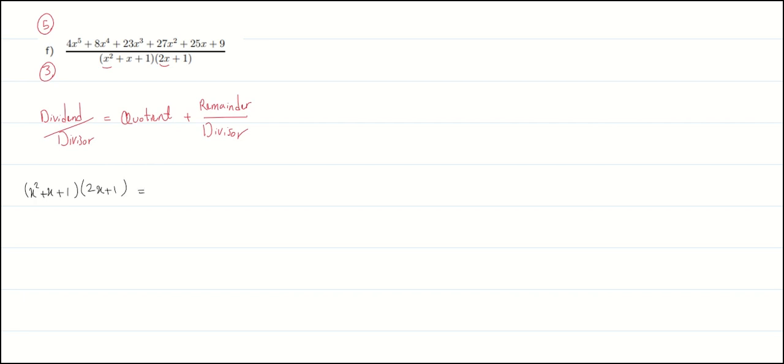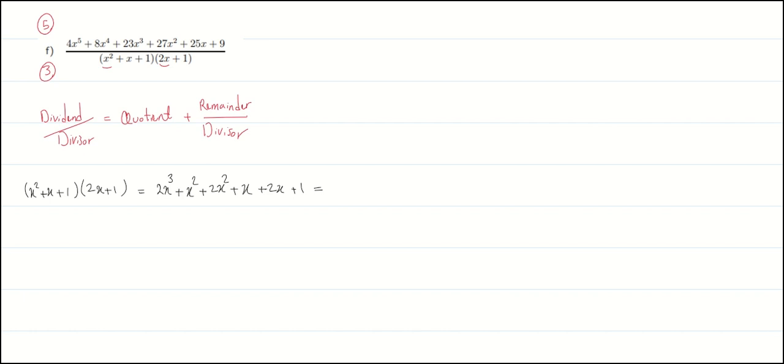Now we multiply each of the terms in the first bracket by each of the terms in the second bracket. x squared times 2x is 2x cubed. x squared times 1 is x squared. x times 2x is 2x squared. x times 1 is x. 1 times 2x is 2x, and 1 times 1 is 1.